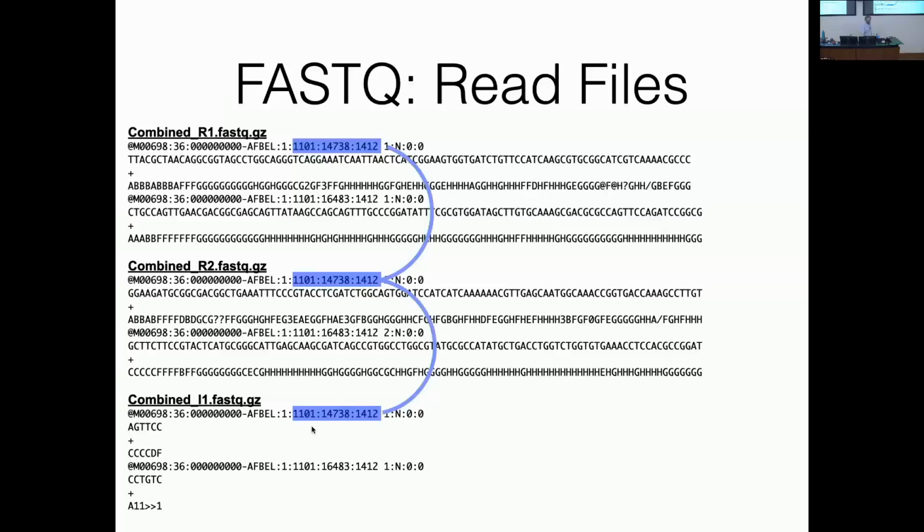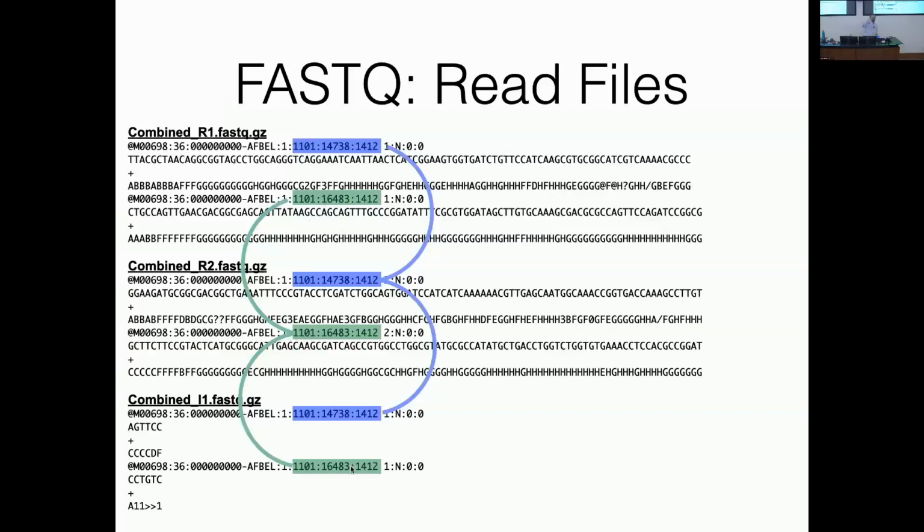And then if you look at the second read in each of the files, these are slightly different. The tile's the same, and I think the Y coordinate's the same, but the X coordinate's different. And this one comes from the same spot as this one, and from the same spot as this one. Does that make sense?